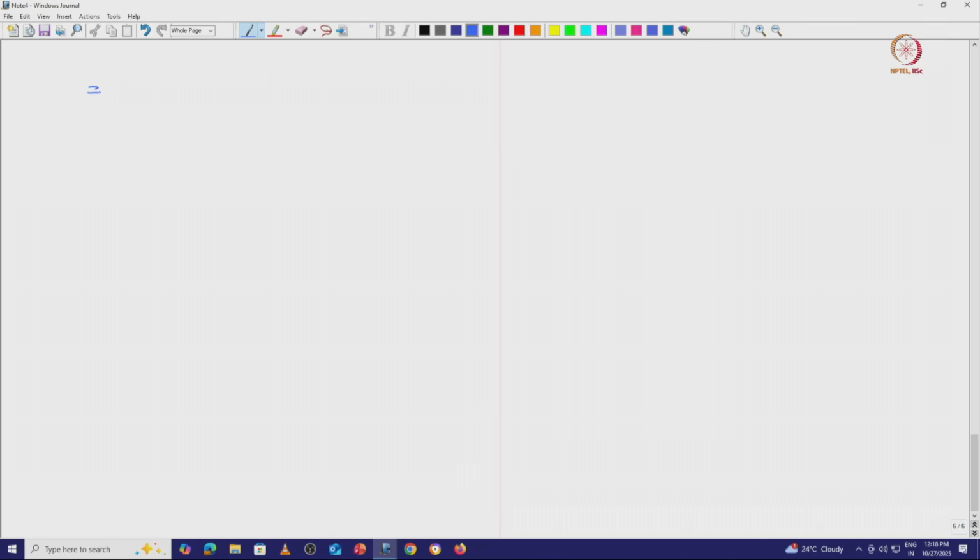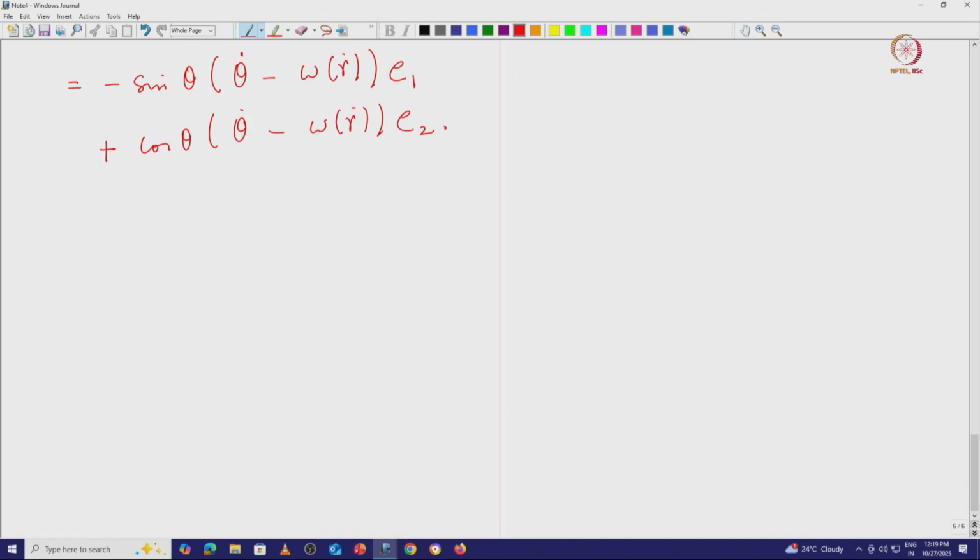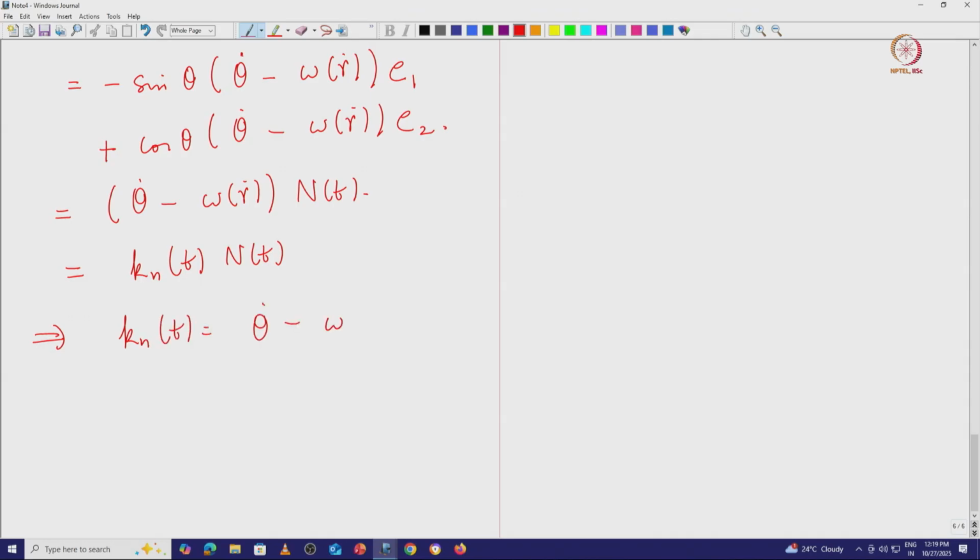So this is the same as minus sin theta, theta dot minus omega of gamma dot, this entire thing times E1 plus cos theta of the same term E2, which is precisely theta dot minus omega of gamma dot times n of t, which is supposed to be kn of t times n of t, which implies that kn of t is theta dot minus omega of gamma dot.